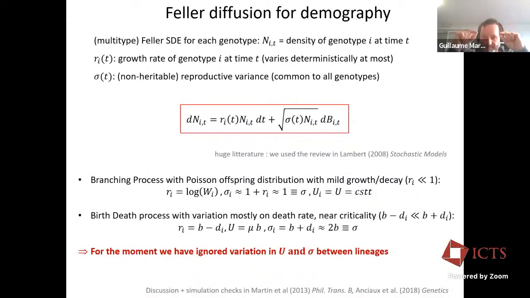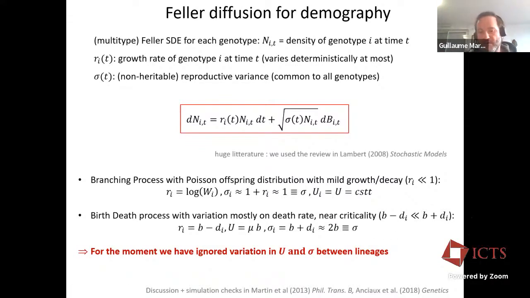Both are big, so changing them a little changes the growth rate a lot, from positive to negative, but the sum is not much different from the wild type. So sigma is also constant.